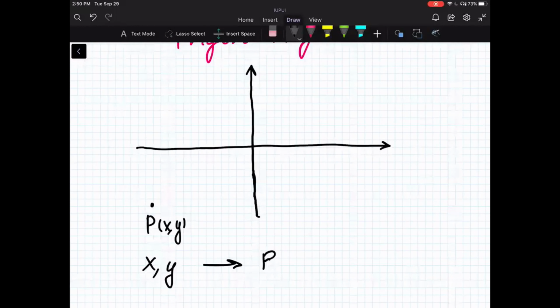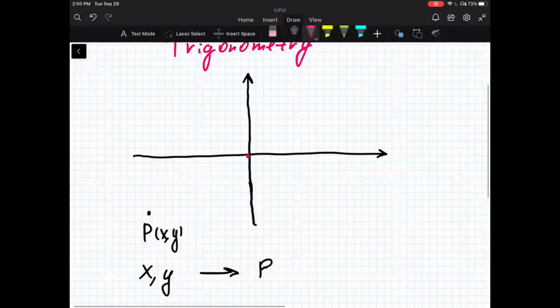But also you can parameterize it by the angle theta and the radius, or the distance from the origin. So let's connect our point P with the origin, and let's measure this distance and call it r.